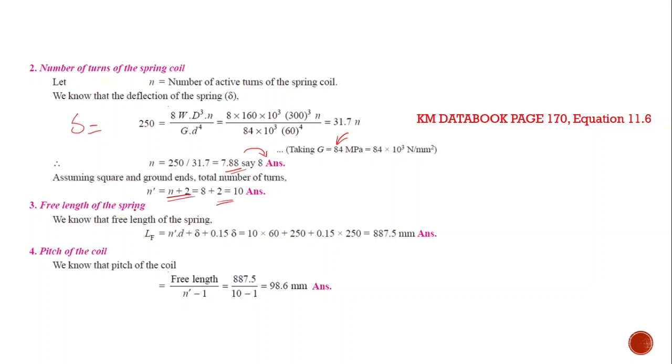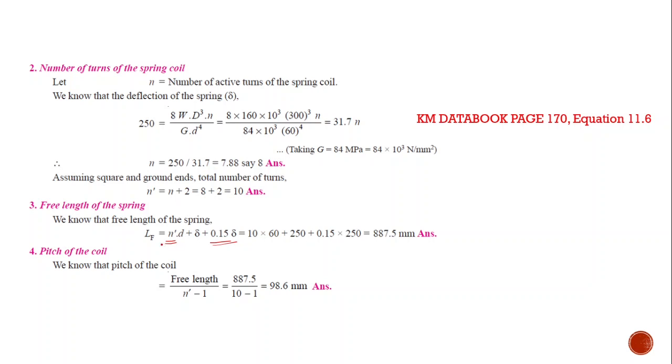Then free length of the spring. We know that the free length of the spring is equal to total number of turns into diameter, that is the solid length of the spring, plus maximum deflection delta, plus this clearance 0.15 delta.